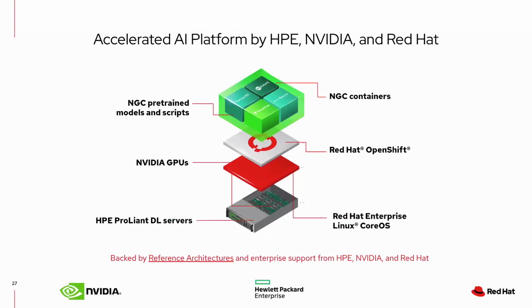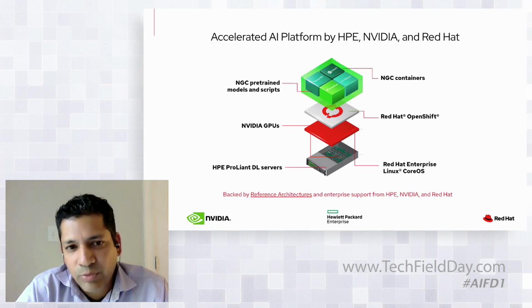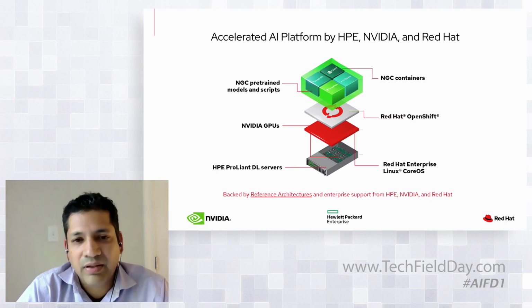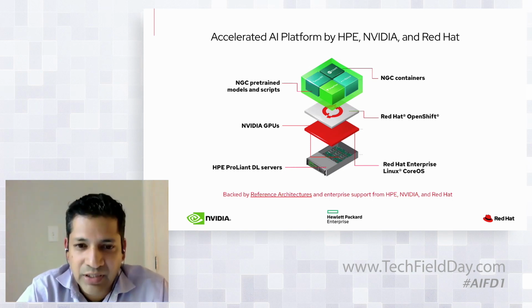The second example I wanted to mention is the partnership we have with NVIDIA and, in this case, HPE. We built out a solution jointly with them called the Accelerated AI Platform. The solution stack has the NVIDIA NGC containers, the pre-trained models, the scripts, Red Hat OpenShift, NVIDIA GPUs on the HPE servers, and then our CoreOS container host OS, all on top of bare metal servers.